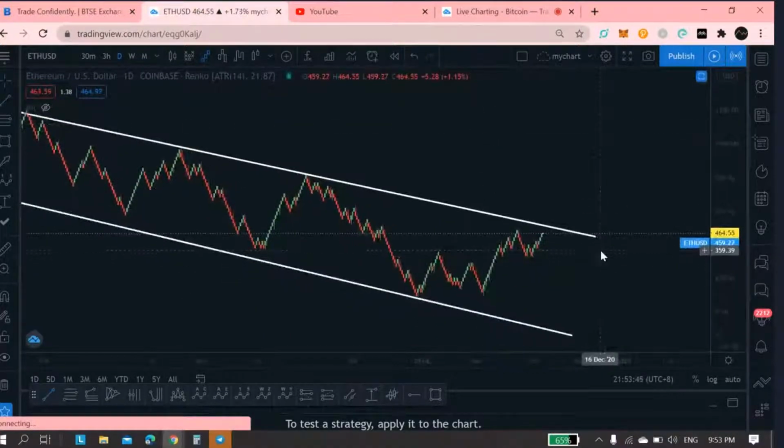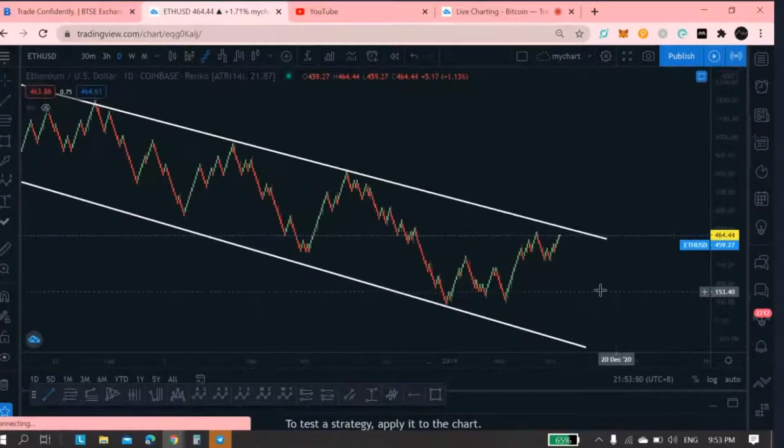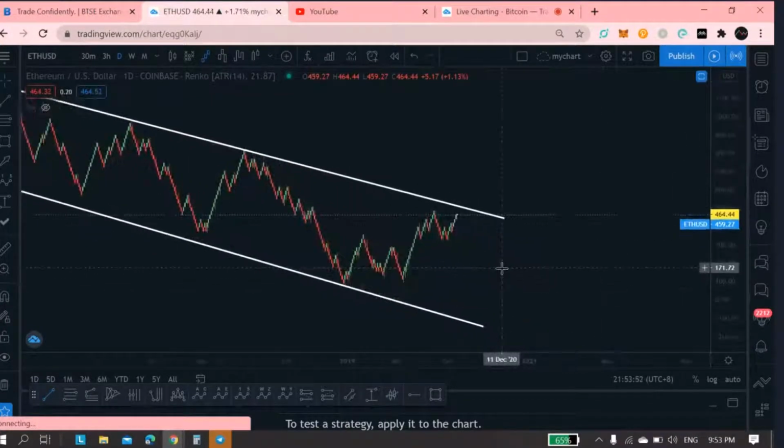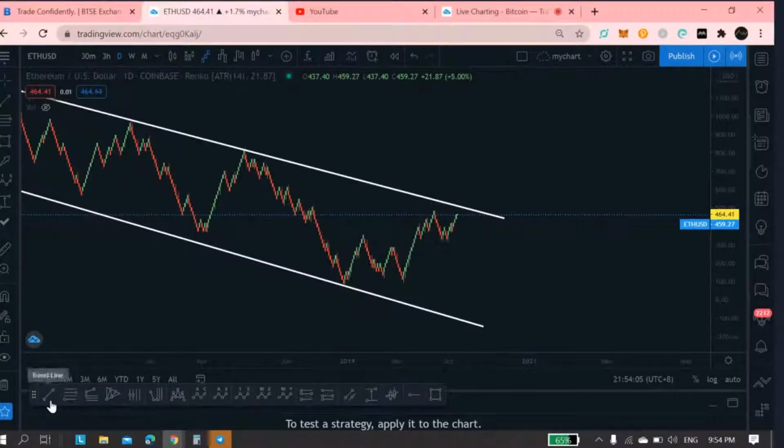So actually, my TPs here are different. I have a TP1 at this area around the 400 something. I have another TP at the 500 area and another TP at 550. So let me just share it with you.